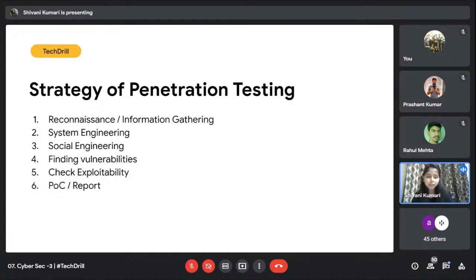If you attended the first week, you have seen the email spoofing. Bhaskar explained that in our demo session. That comes under social engineering, how we can send a mail from anybody to anybody without having access to their email account. So here comes the next phase, which is finding the vulnerability.